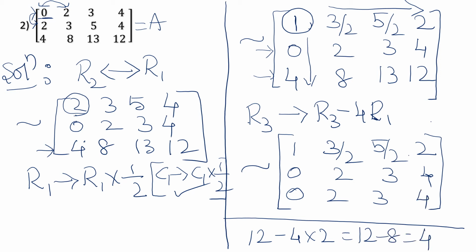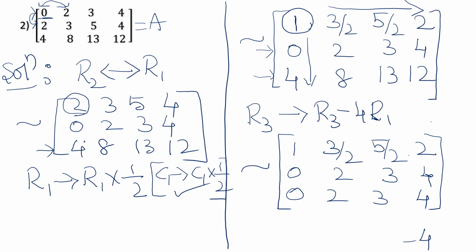Okay, 2, 3, 4. So we have done all the operations so that the elements below the first entry of first row and first column have turned out to be zeros. So you can see these have all turned out to be zeros. Now I have to convert all these elements as zeros. So what is the operation that we need to take up?